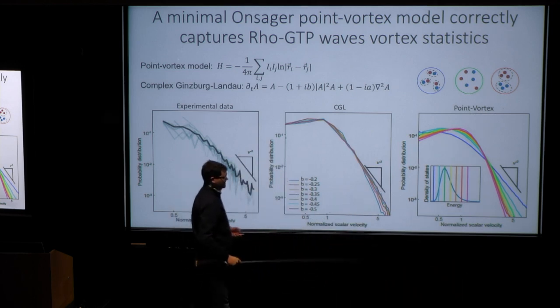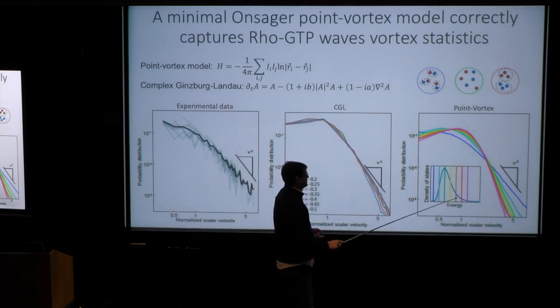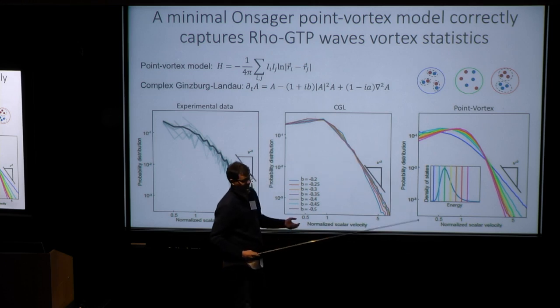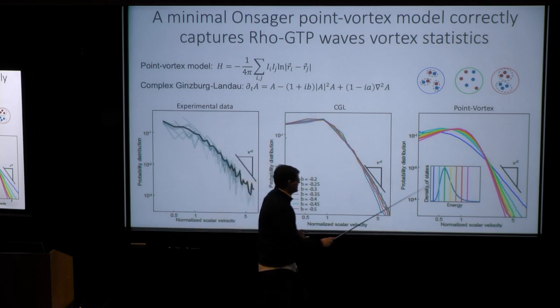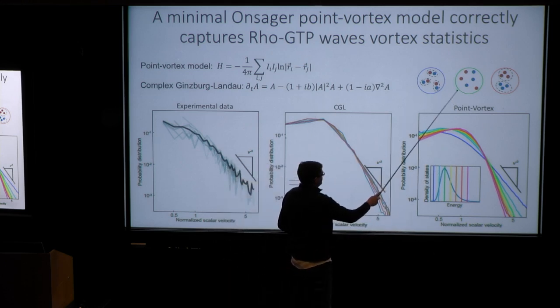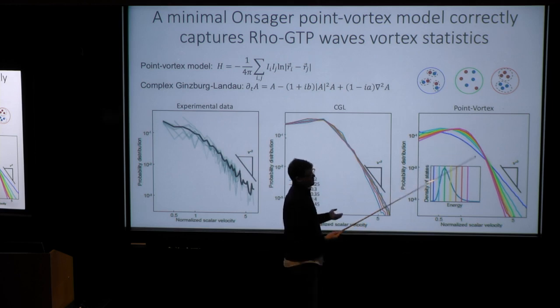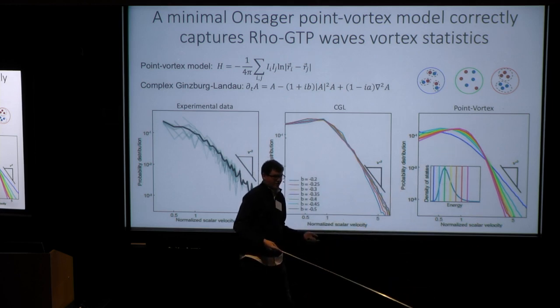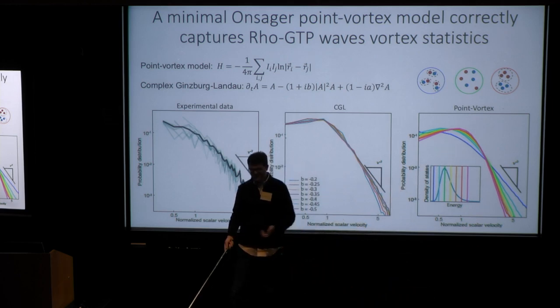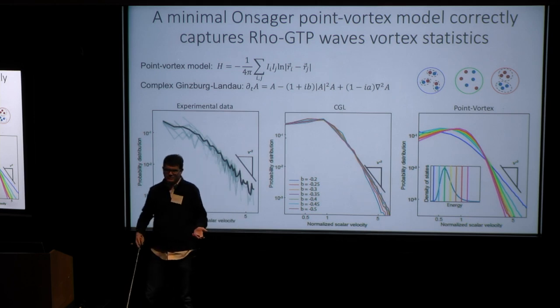So what this is telling us is the velocity statistics from this point vortex model that most closely match our experiments is somewhat in this intermediate regime, somewhere between here and here, which is to say most of the particles might be independent, but some of them are pairwise. And if you remember from Xinghui's talk, that's actually pretty consistent with what we see.